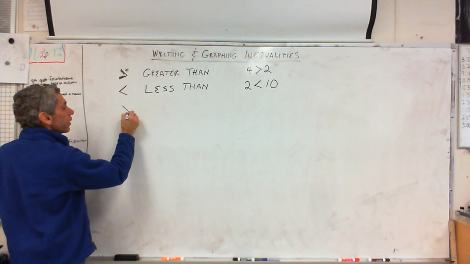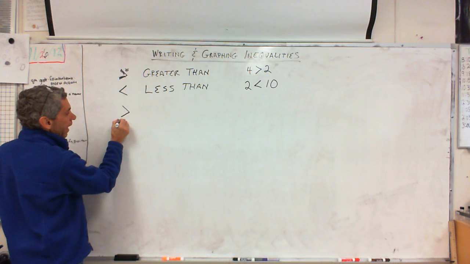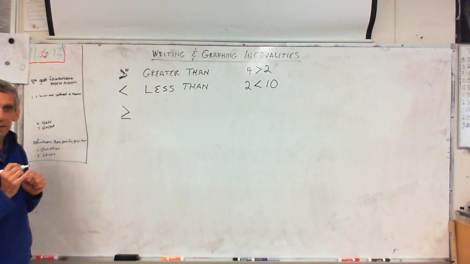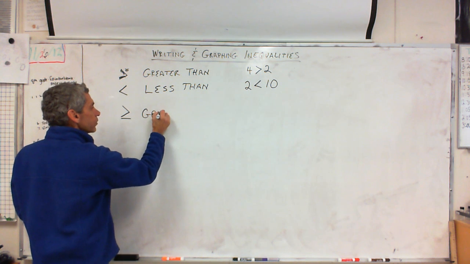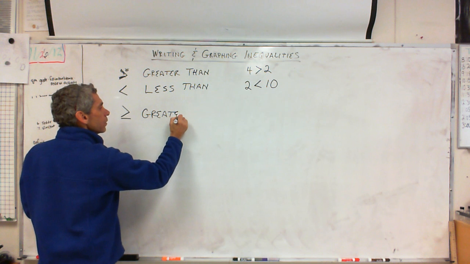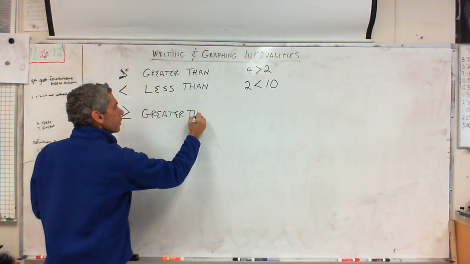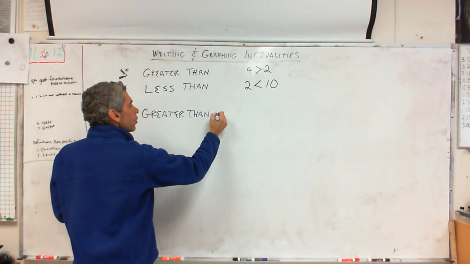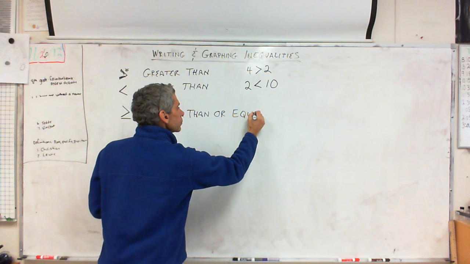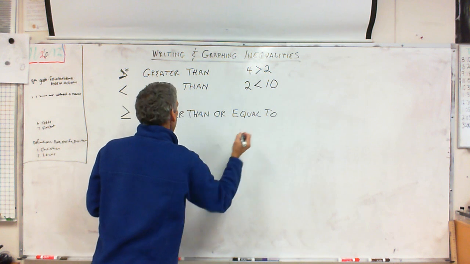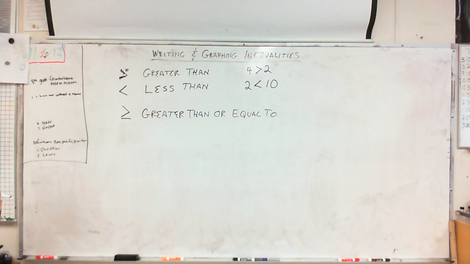You write greater than, and then you put half of an equal sign underneath it, just a line underneath it. This is what you'd actually say: greater than or equal to. I think I did say and, I'm sorry. Greater than or equal to.